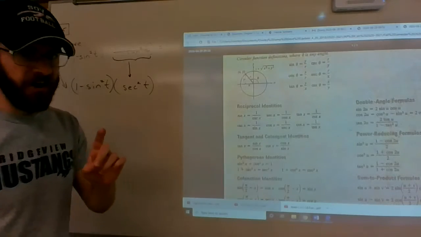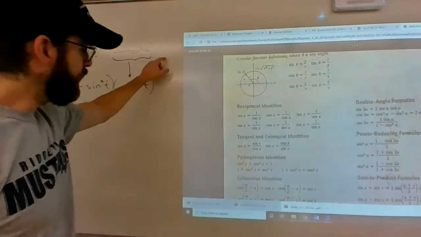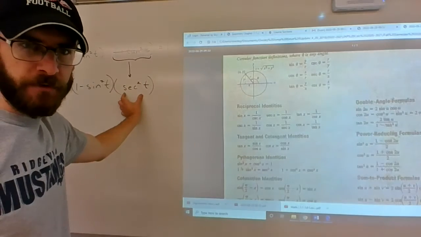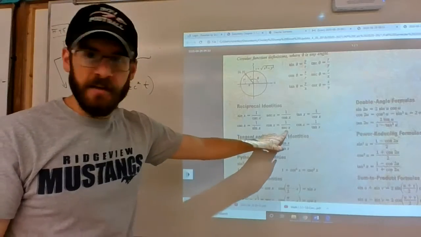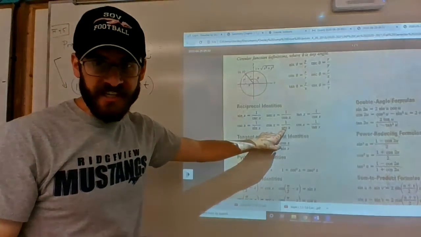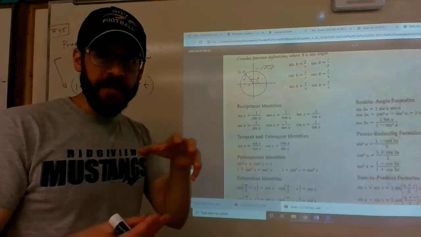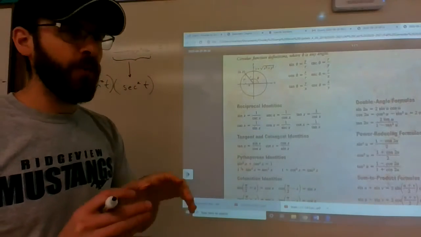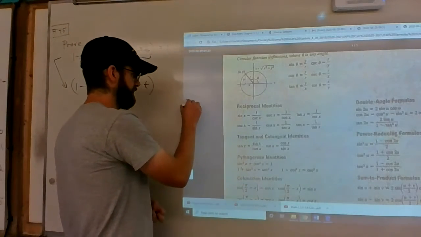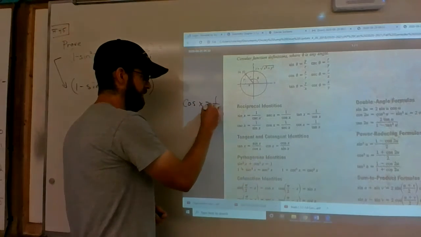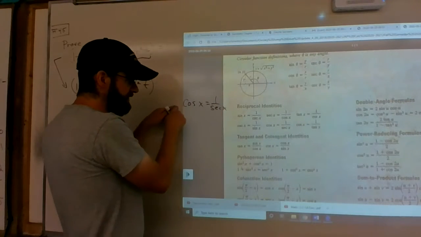But on second thought, we're trying to get 1 here. Wouldn't it be nifty if secant squared could be multiplied by the thing that makes it 1? 1 over secant is cosine. So when you multiply cosine times secant, think of it as a quick multiply both sides by secant.